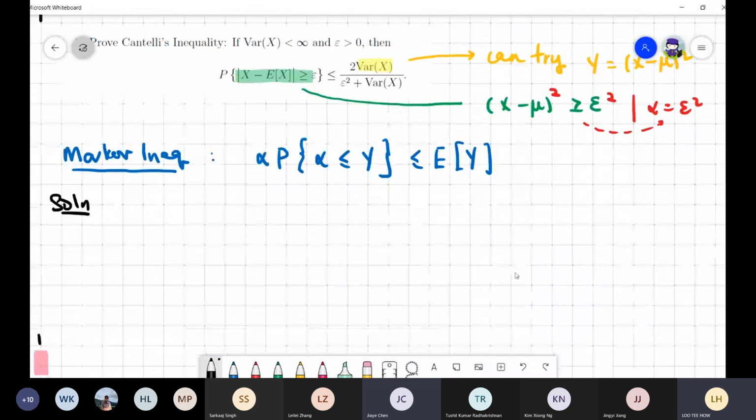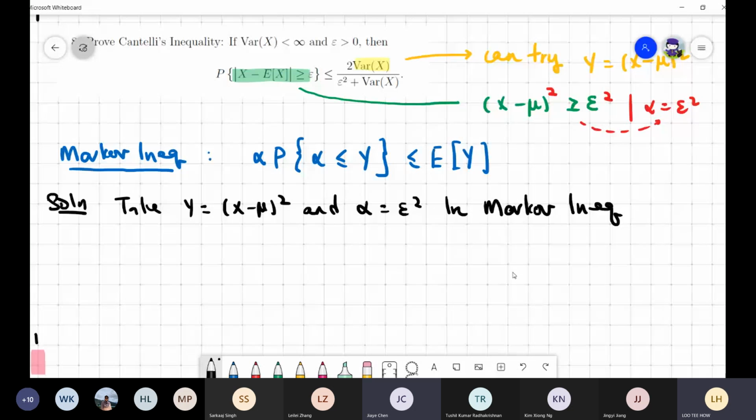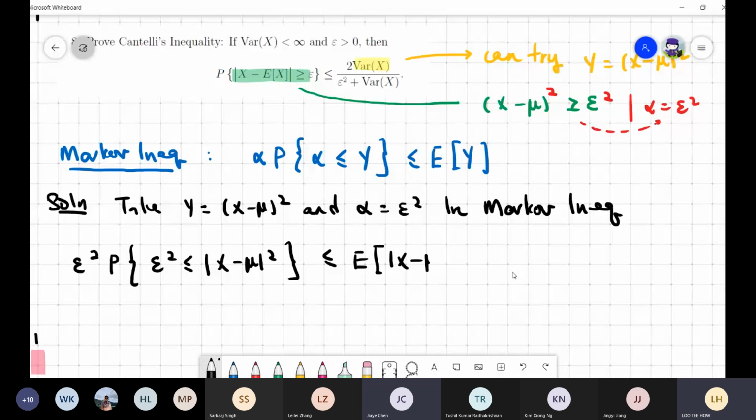Okay, so let's do it step by step over here. Again, what we can do is we can take y to be x minus mu square, and alpha to be epsilon square in the Markov inequality. So I'm going to have epsilon square P of this less or equals to E of this.